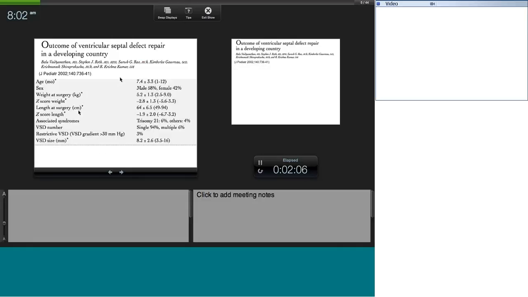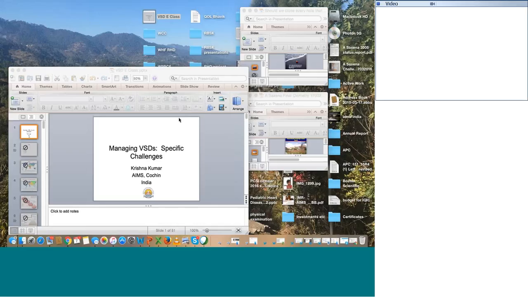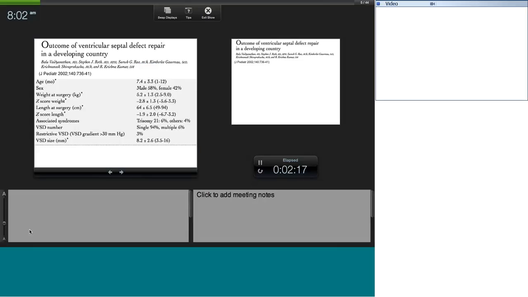But we actually decided to analyze our data. We looked at the first 100 VSDs we did with undernutrition. This is a paper that was published in 2002. At that point of time, we had done surgeries on children who had a Z-score on an average approximately -3, really 2.8, and they were obviously having significant undernourishment with large VSDs.